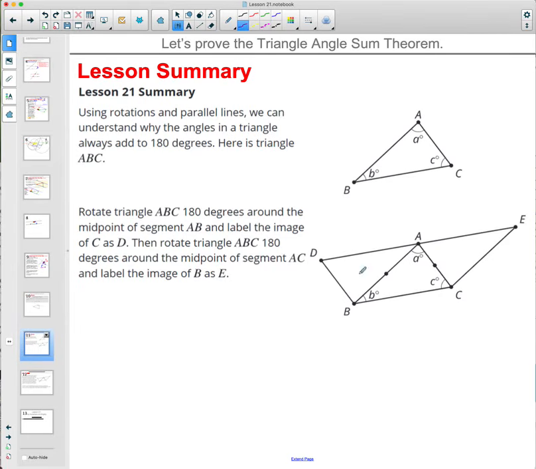So we could rotate the triangles up and see this. So when we rotated this up, we got B here. Rotated this up, we got C here. Okay, equaling out to a straight line of 180. So that gets us a way to see that those angles always total 180.